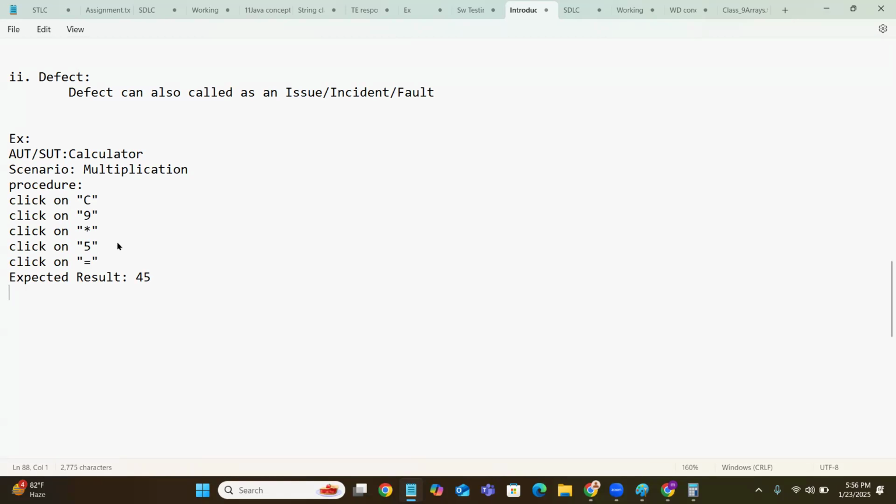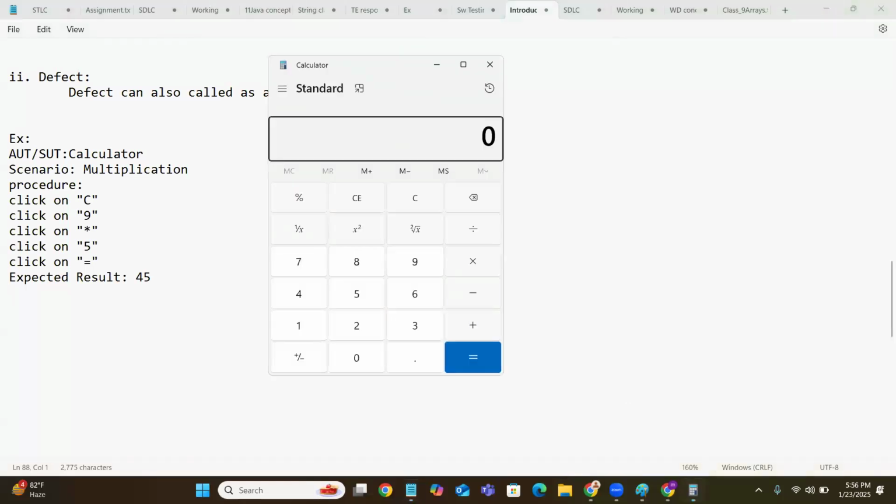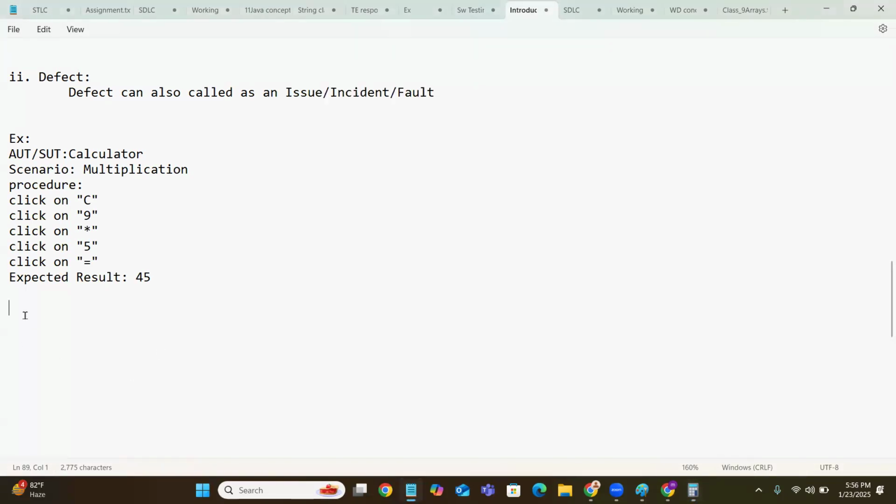Now I'm testing the calculator here. Click on C, click on 9, click on multiplier, click on 5, click on equal to. We got the 45. Whatever value we got in application, that we are going to call actual result. So what is the test status here now? Pass or fail?